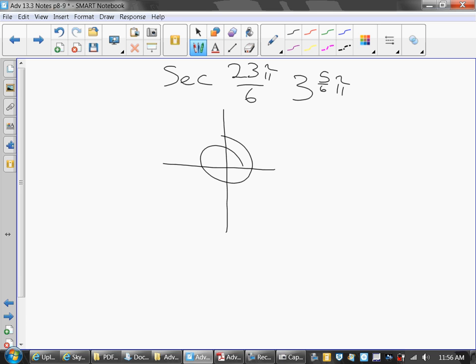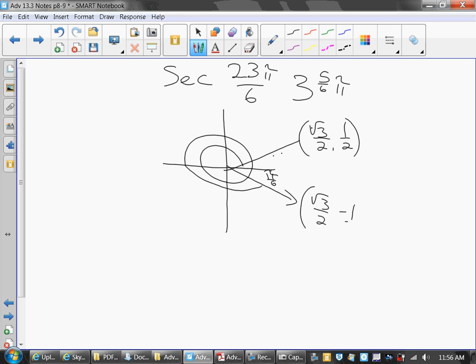My reference angle again is pi over 6. I go to the ordered pair for pi over 6, root 3 over 2, 1/2. In the third quadrant, it's negative root 3 over 2, negative 1/2.